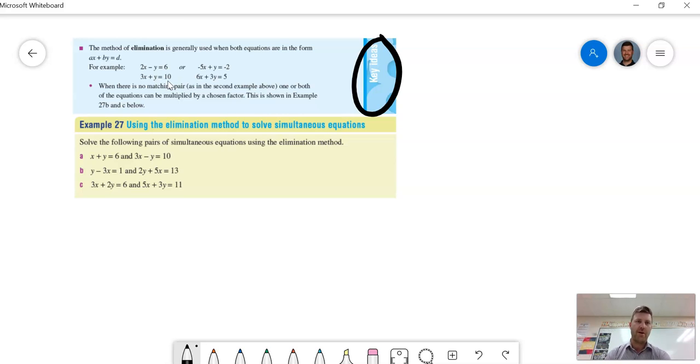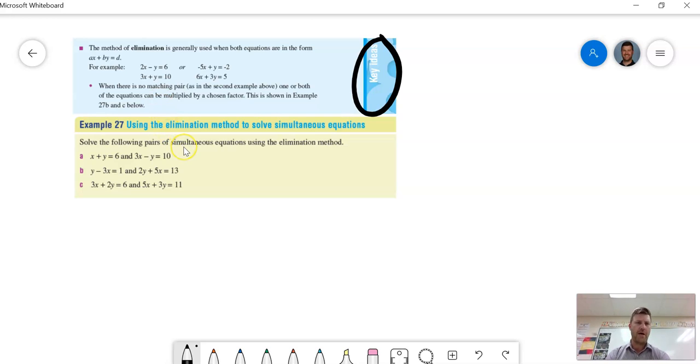It represents a straight line. And if they're not parallel, they'll meet at a certain point. So our answer is going to be a set of coordinates, an x value and a y value, where those two lines meet. So if you ever come across a simultaneous equation problem where both of your equations are in this form, you've got x and y both on one side of the equal sign, we can use elimination.